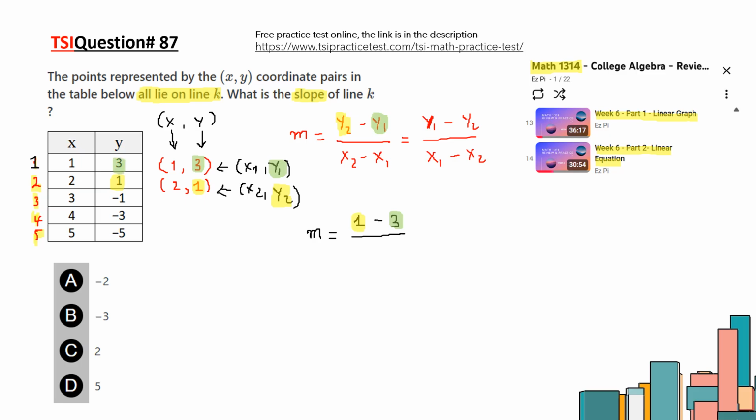Okay. x2 is 2. y2 goes with x2, so 1 goes with 2. Minus x1. x1 is 1.